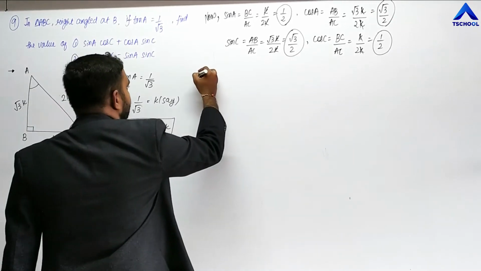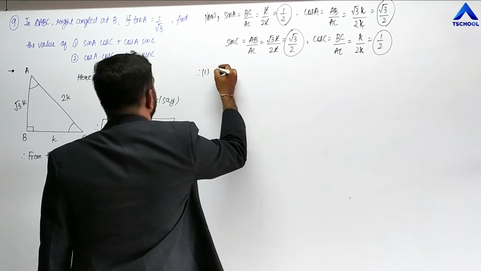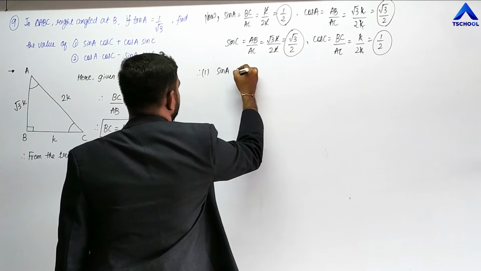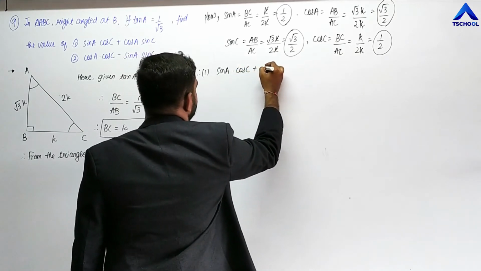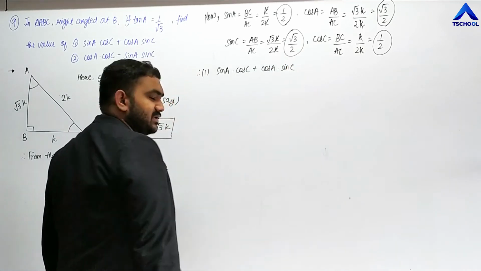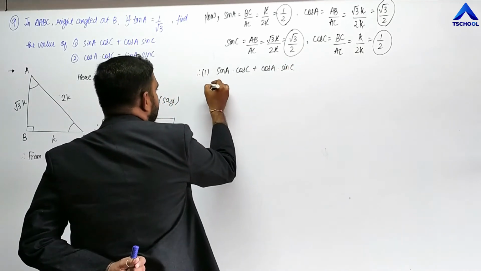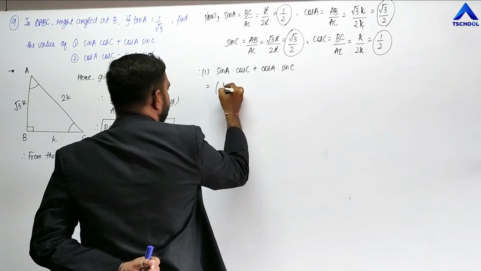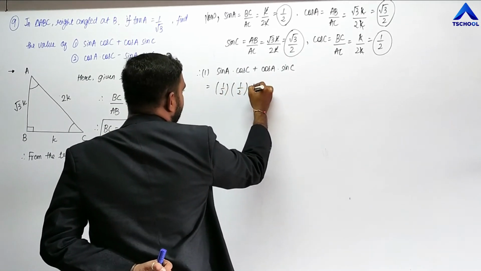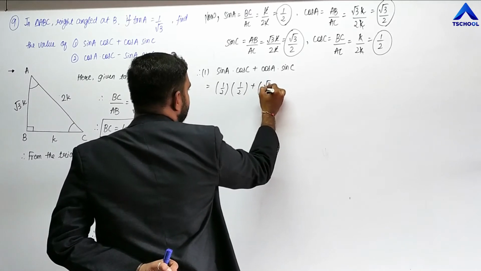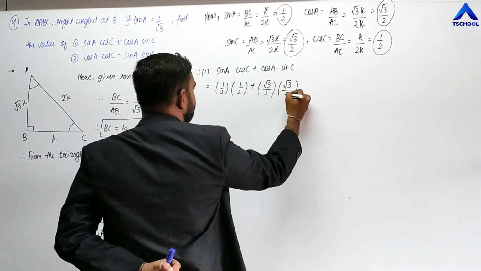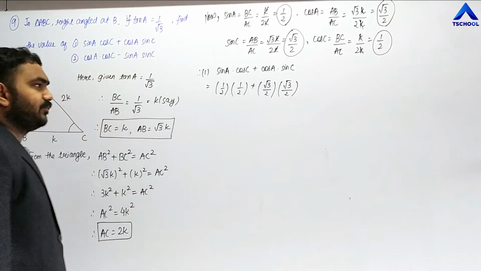Therefore, the first one: sine A into cos C plus cos A into sine C. This equals sine A, 1 upon 2, into cos C, 1 upon 2, plus cos A, root 3 upon 2, into sine C, root 3 upon 2.